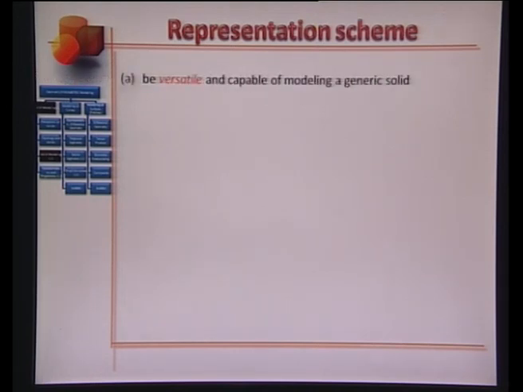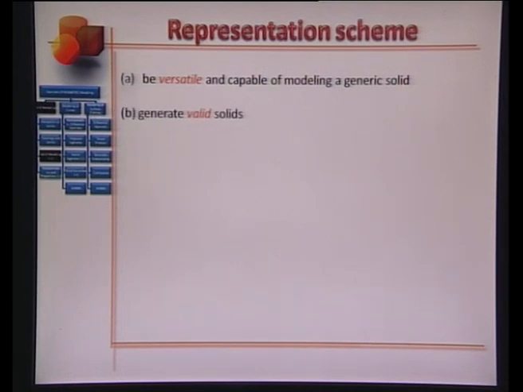For one, it should be versatile and should be capable of modeling any generic solid. One should remember the main classification theorem for surfaces here, that any solid can either be a sphere or a connected sum of different tori.